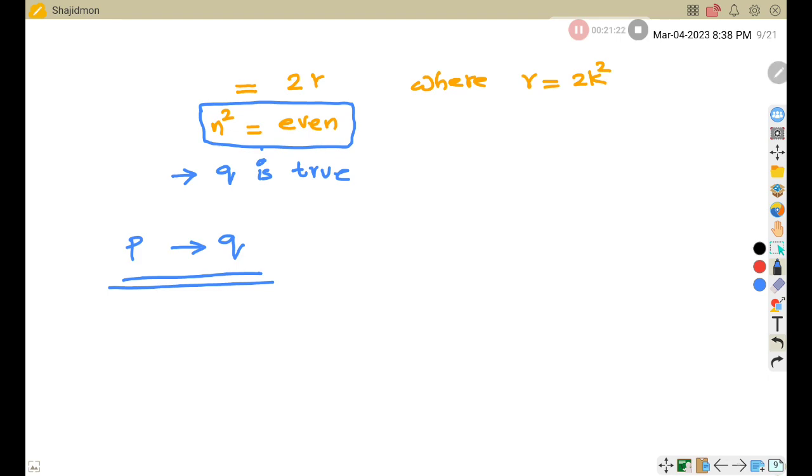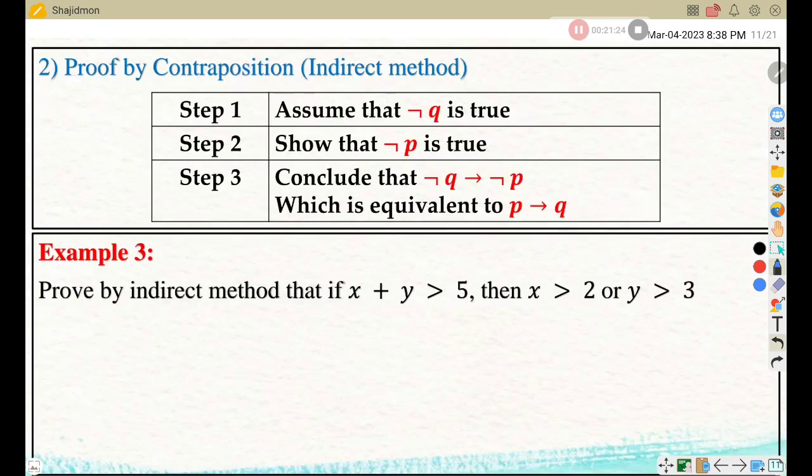Now we will go to the second method, proof by contraposition, or the indirect method. If you want to prove a statement P implies Q, if P is true then Q is true, that is the direct way.